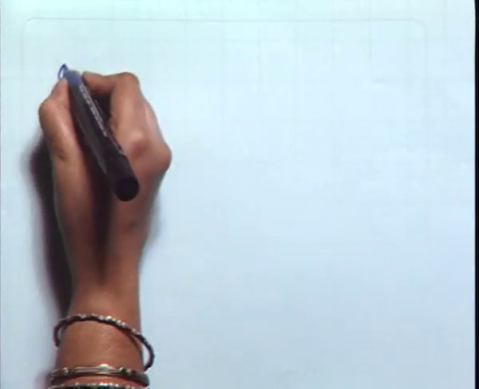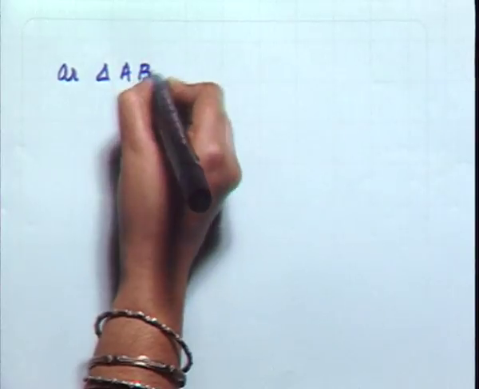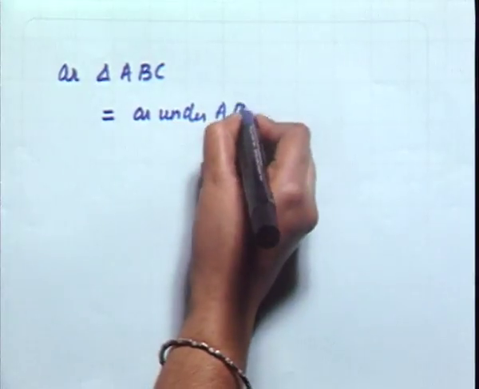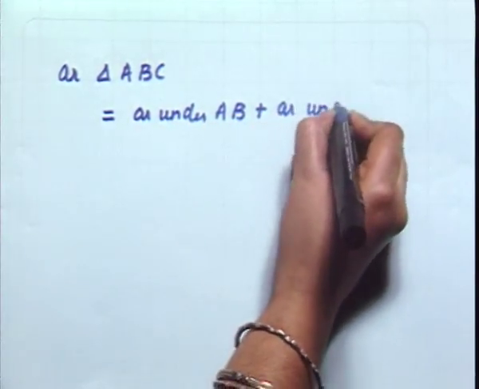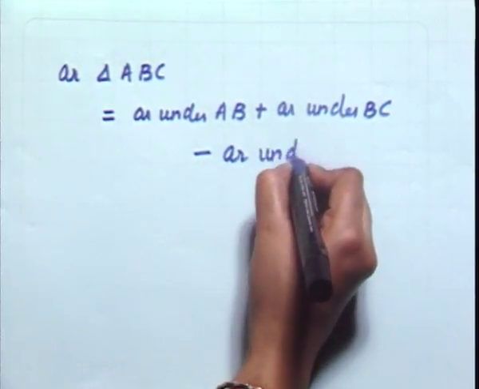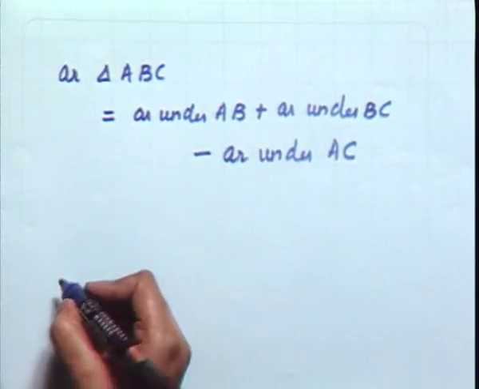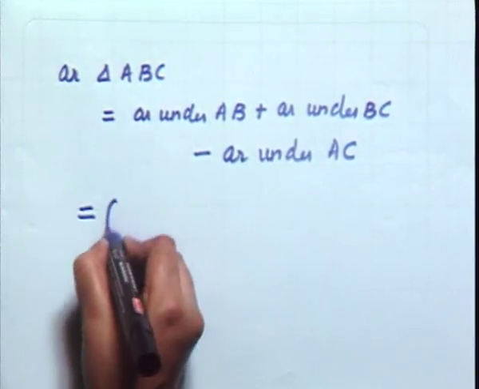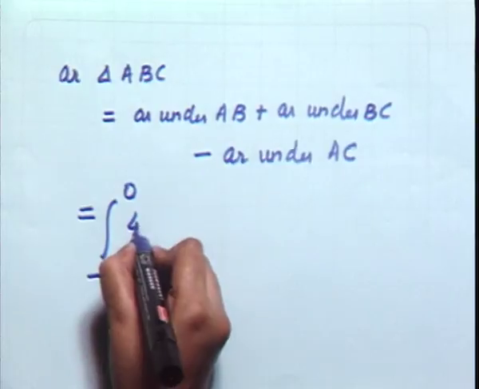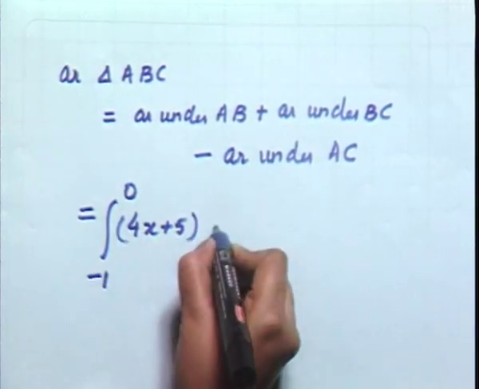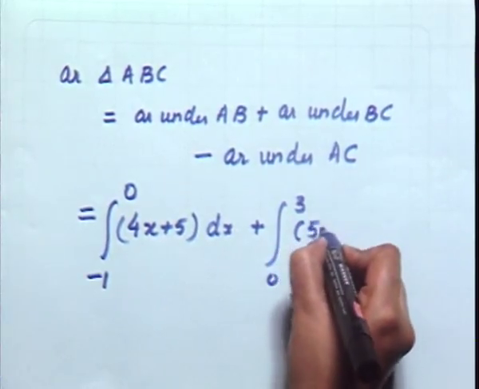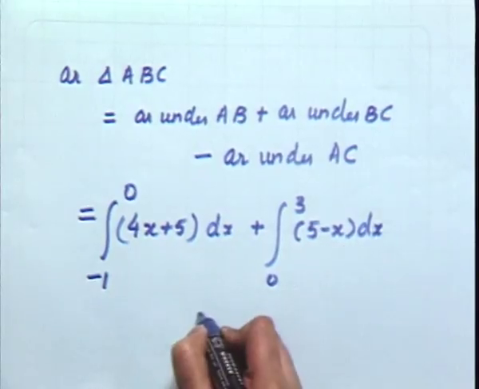So, in this case, area of the triangle ABC can be taken as area under AB plus area under BC minus area under AC as shown, and this is equal to the integral of 4x plus 5 with limits from -1 to 0, plus the integral from 0 to 3 of (5 minus x) dx, and what do we have to subtract?